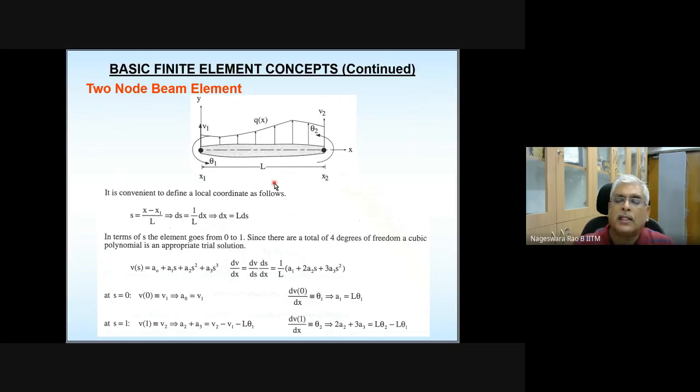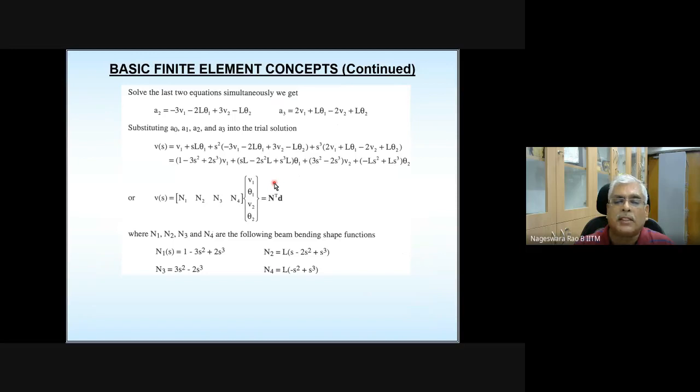Once we get the finite element shape functions, we can write the approximation of V, the transverse displacement over an element, like this: N transpose D. V is nothing but a row vector comprising shape functions multiplied by a column vector comprising the nodal values. Row vector of shape functions, column vector of nodal values, N transpose D.